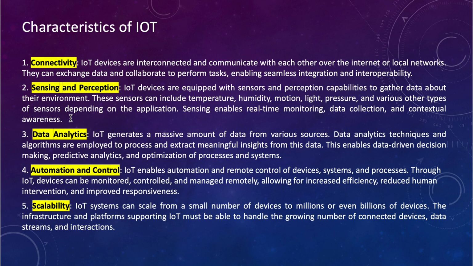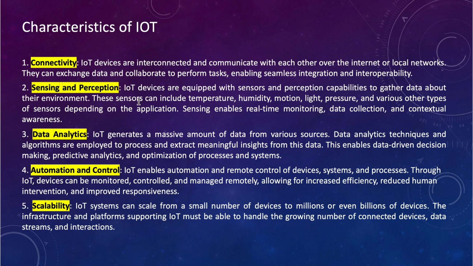So we talked about connectivity as a characteristic of IoT. The next most significant characteristic of IoT would be the hardware component of it, where sensing and perception would be facilitated through hardware components, which include sensors and actuators for sensing and perception.